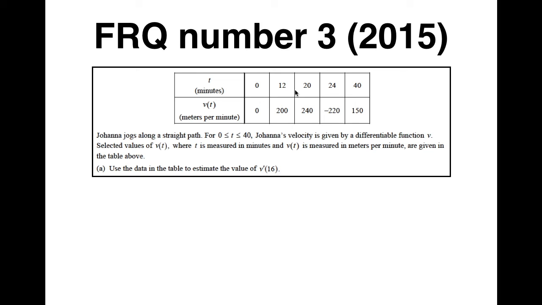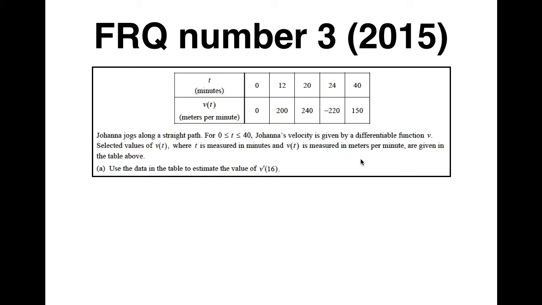Well, we can't, but we are asked only to estimate that value, and the best way to find the slope at t equals 16 is to find the slope between t equals 12 and t equals 20. 16 is exactly in the middle, so that's for sure what this question is about. So we want to find rise over run between these 2 points here.